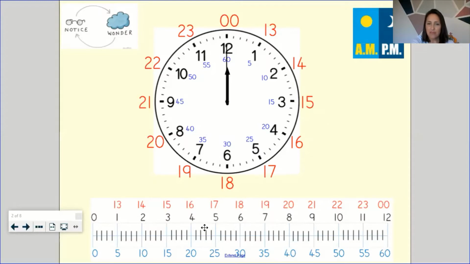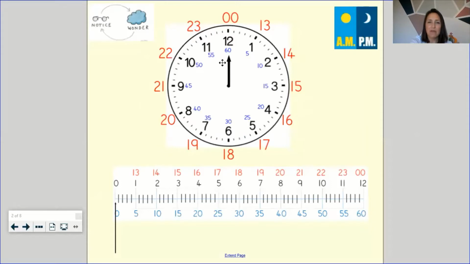Down at the bottom here we have the exact same information, except it's stretched out flat in a number line, which could be quite helpful if you're used to using number lines already, and it helps you visualize it in a different way. So say at the moment, we have our minute hand pointing at 12. We could have it here pointing at the 0, and here we have the hour hand pointing at the 12, the 0.